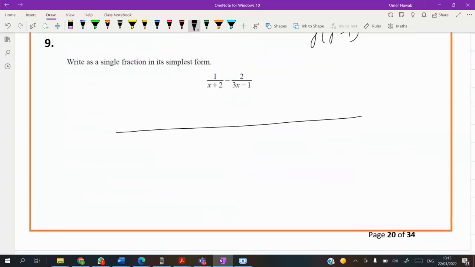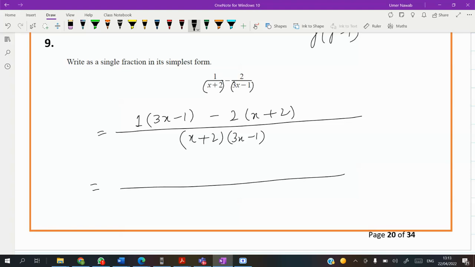Next, put the brackets on. So x plus 2, 3x minus 1, 3x minus 1 multiplied with 1, and 2 multiplied with x plus 2. Just expand the numerator.